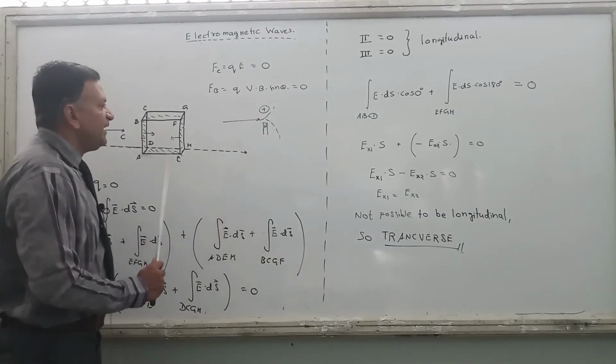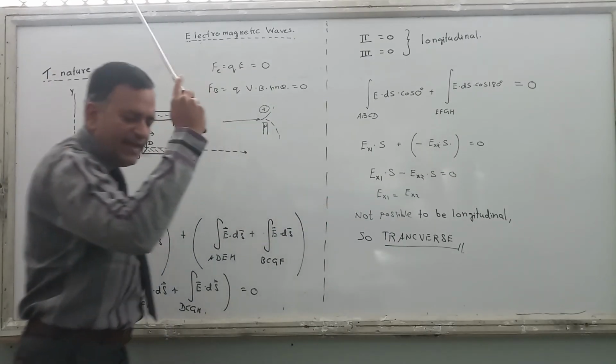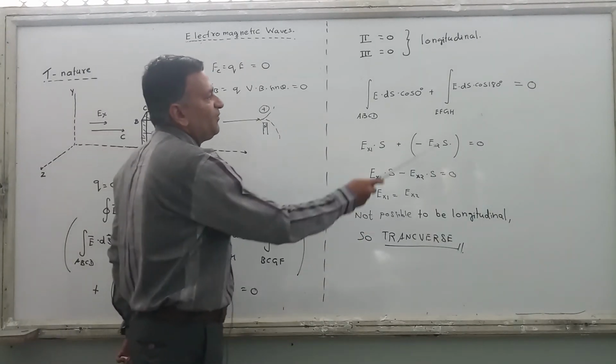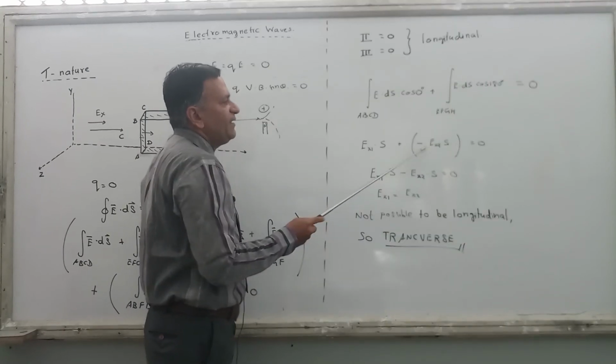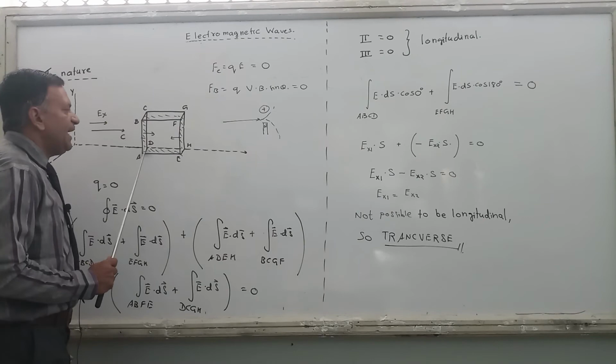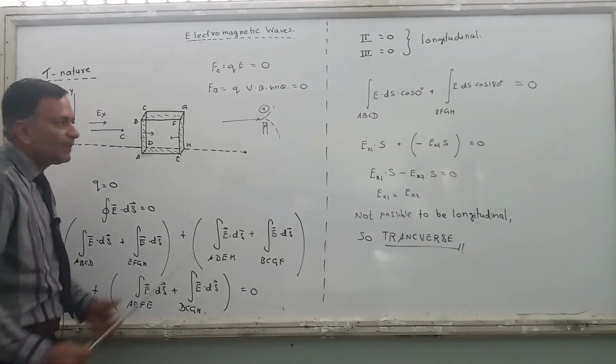So this surface area is also equals to S. This is also equals to S. And now, why there is a negative sign in the second term? It is because of this cos 180. Cos 180 is equals to minus 1. What is EX1? Electric field over here. What is EX2? This is electric field over here. Okay.